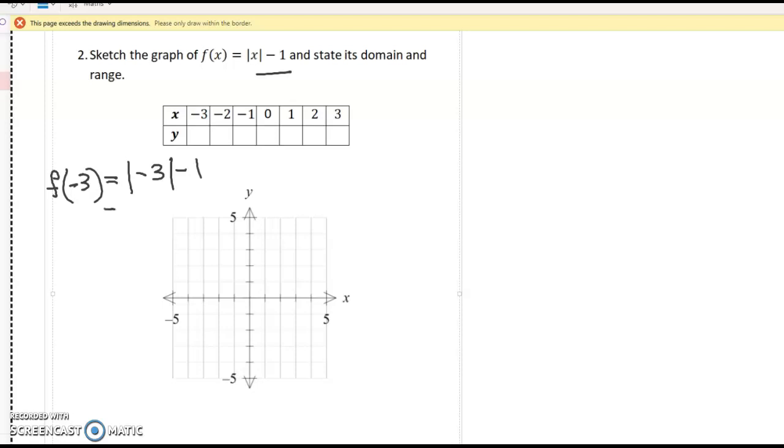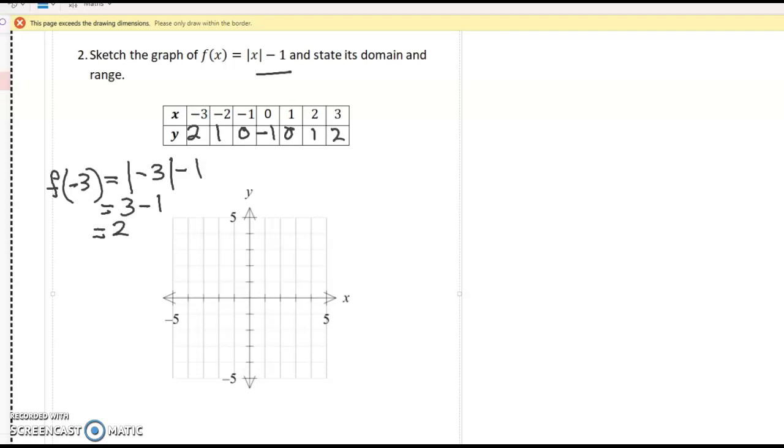So this bit here will be plus 3, minus 1, which is equal to 2. Okay, so that means this is going to be 2, and that's going to go down by 1, so it'll be 1, 0, minus 1, and that's the point where it's going to start turning the other direction. So back up to 0, 1, and 2.